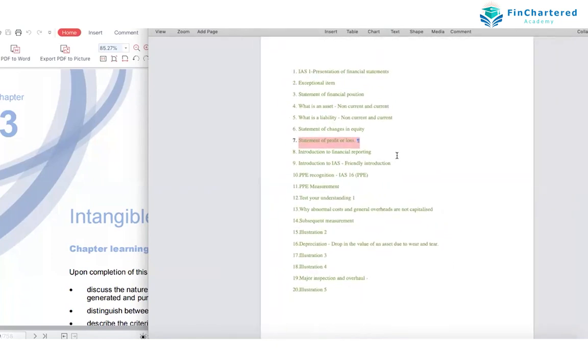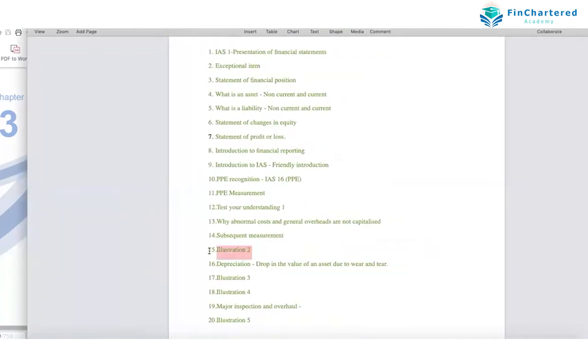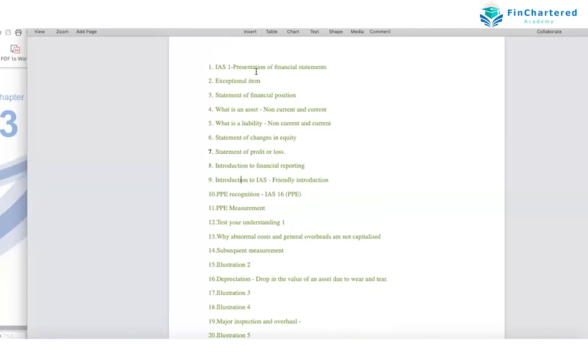If anybody has a problem in understanding illustration 2 of chapter 2, they'll just go to the video and see that it is the second video, chapter 2, illustration 2 on subsequent measure. Depreciation calculation is in the first video. So when you want to revise, you can just look at the contents of each video. And if there's any problem in any specific topic, you basically go and watch that video specifically.